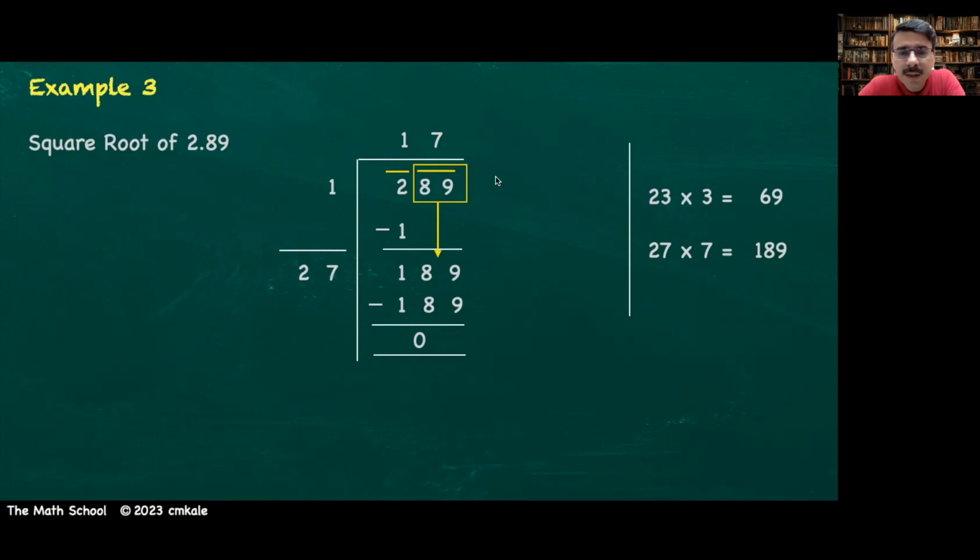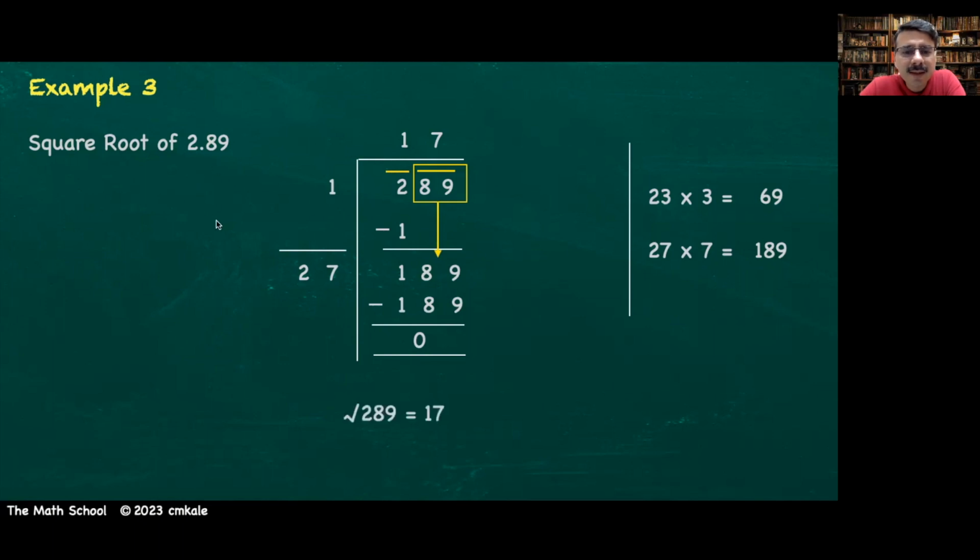But we need to adjust for the decimal yet. Now, if you remember the concept of decimals, if you have two decimals here, the square root will have only one decimal. Why? Because we are going to have 1.7 multiplied by 1.7, right? Which means that if the numbers being multiplied have one decimal each, then the result will have two decimals.